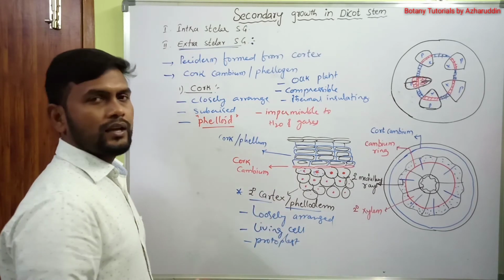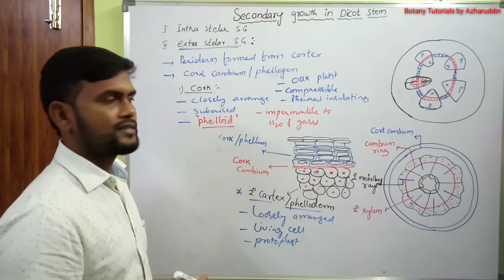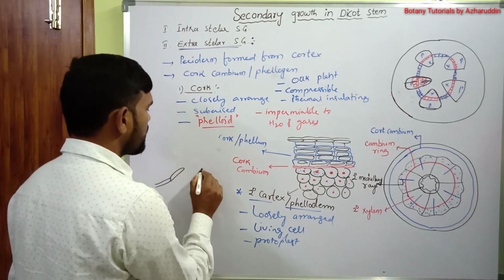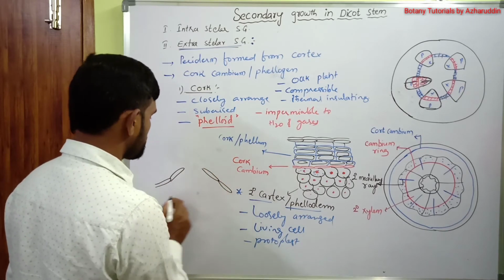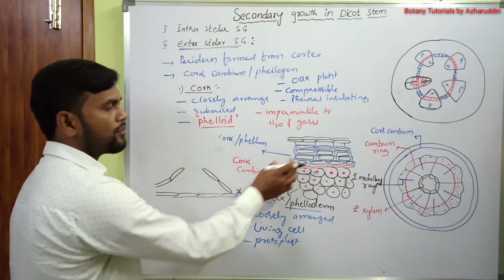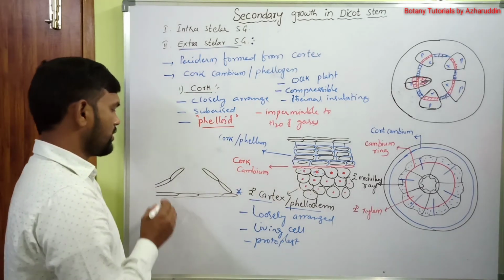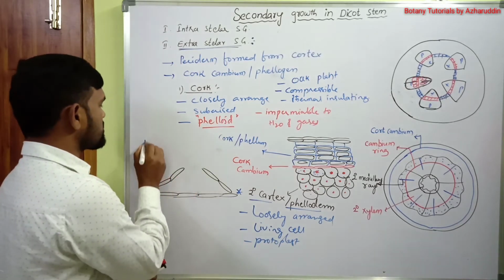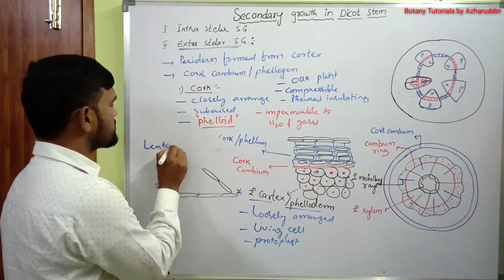That's why some bulged, lens-shaped structures are formed in the cork region. They are called lenticels.